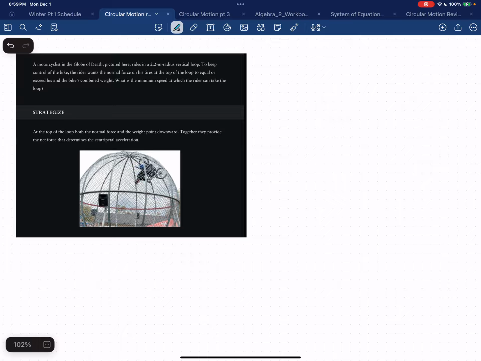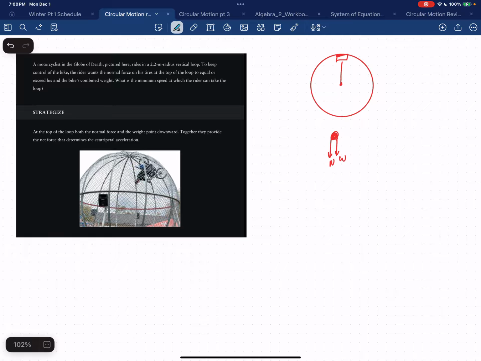We can start by having a drawing of the top. Then we have our bike there. We know we're in a circle, so we know what forces are acting on our bike. We have the normal force and the weight force, right? And this is all in the x direction because x is pointing towards the center of the circle.